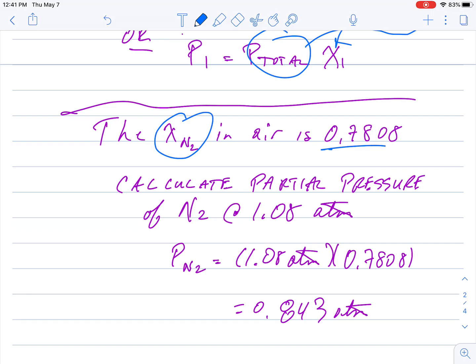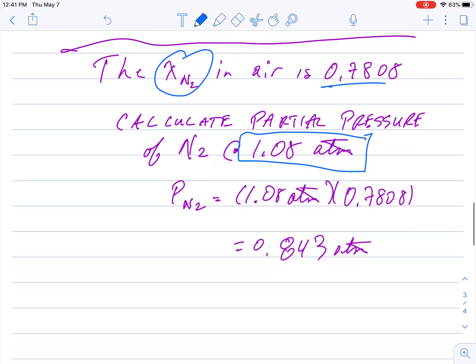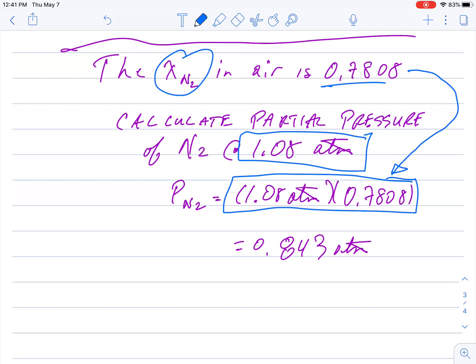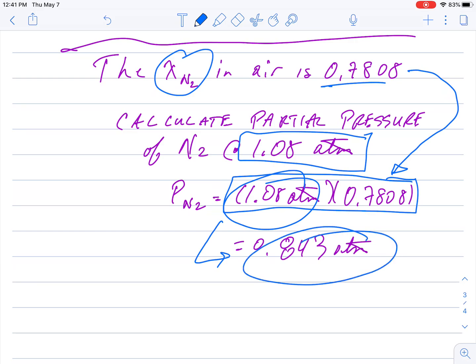It's the same idea. If we know that the total atmospheric pressure in the room is 1.08 atmospheres, and we want to calculate how much of that pressure is created by just the nitrogen, we're just taking that 0.7808, which is just like a percentage, and multiplying that by 1.08, and we're going to say, oh, 0.843. So 0.843 atmospheres is created by the nitrogen out of the entire 1.08 atmospheres. So it's just kind of a handy thing to have.